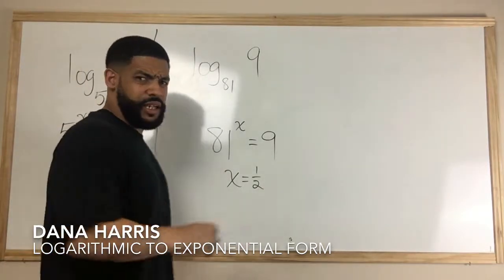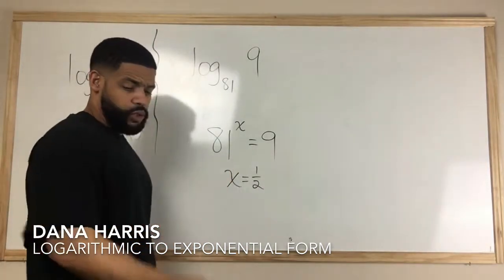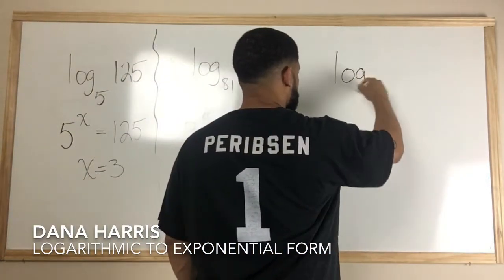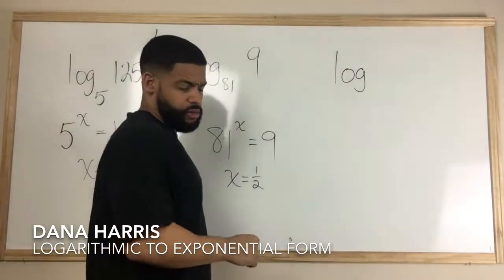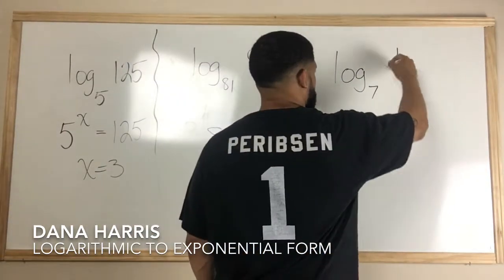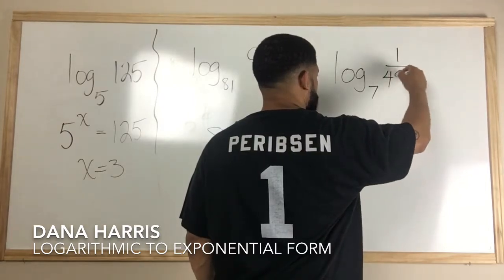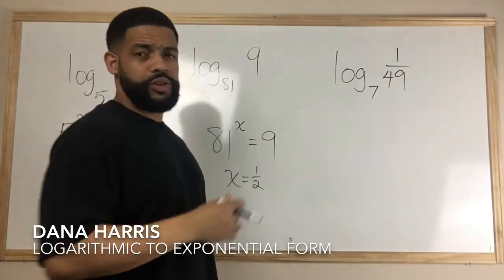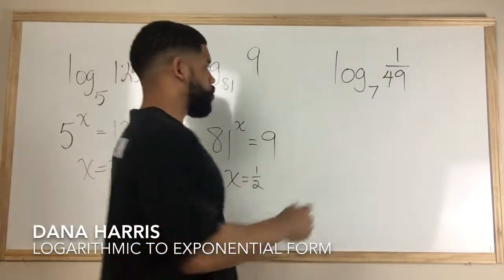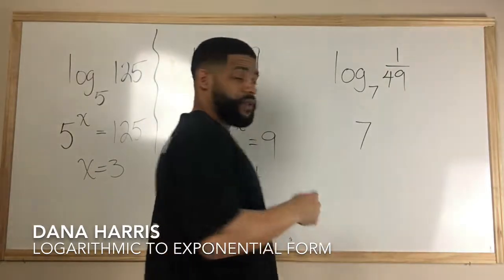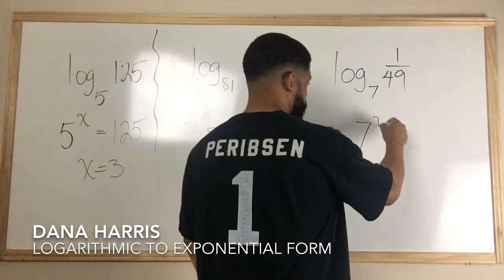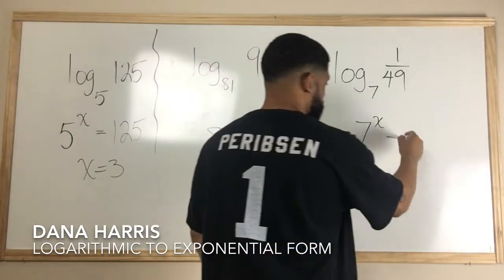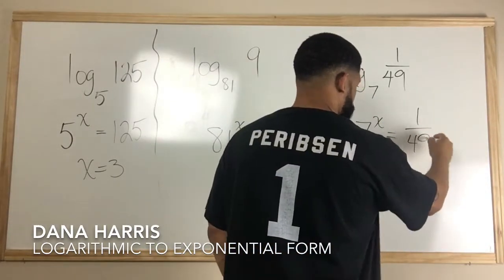And just in case, let's do one more like that with a different type. So let's say I have log base 7 of 1 over 49. Okay, this is kind of different. So what we would do with this one is, I'm going to put this 7 to the x power, because it doesn't have the equal sign, so we don't know what exponent equals 1 over 49.